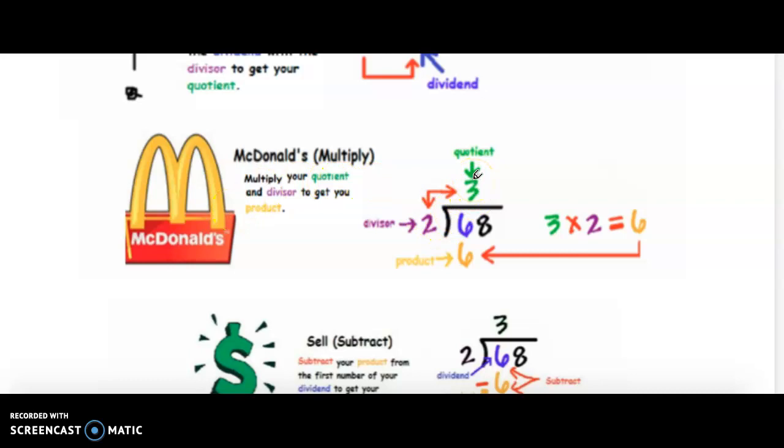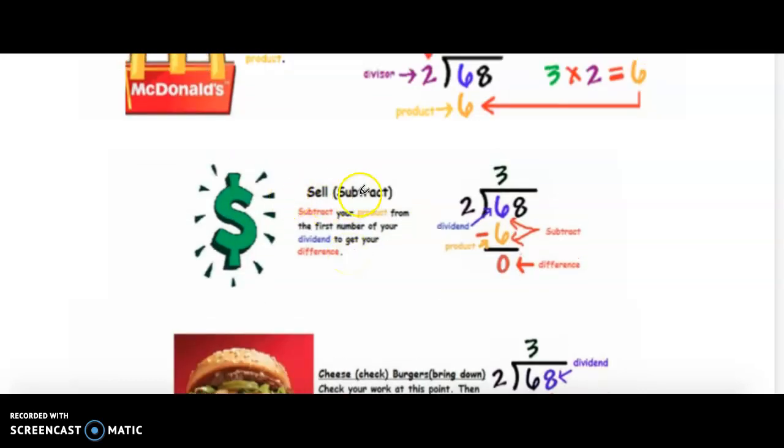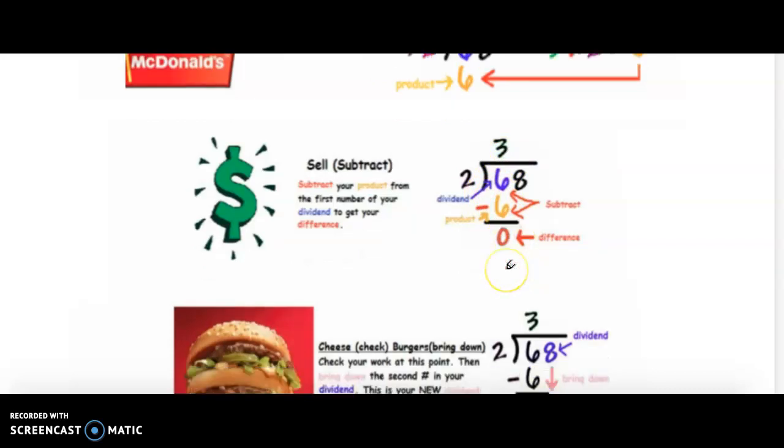Then you take your quotient here and you multiply it by the divisor to get 6, and that goes here. So this on the side is showing you exactly what to do. Sell, that is subtract. So you subtract what you divided and then multiplied to get the answer, and here we have our difference, okay?